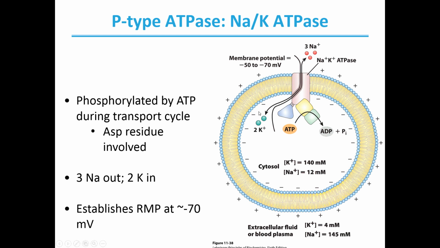What is actually occurring, even though I don't have a nice graphic for you to see, is this protein has a binding site for the sodiums on the inside of the cell. When the sodium binds, it causes a conformational change, moving the sodium out. In the new conformation, you now have a binding site for 2 potassiums, and so on and so forth.